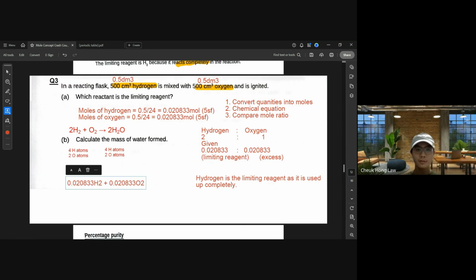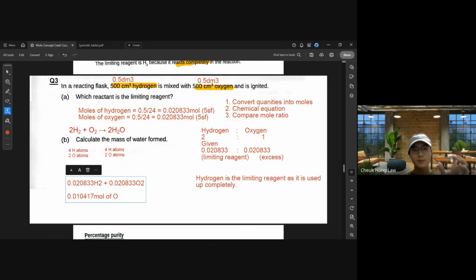Okay, so this is how the equation will look like if I actually use everything. Once I use this amount of hydrogen, I will have to use half the amount of oxygen, right? Because the mole ratio is 2 to 1. So how much oxygen will be used? I will divide by 2. This is the amount of oxygen used.